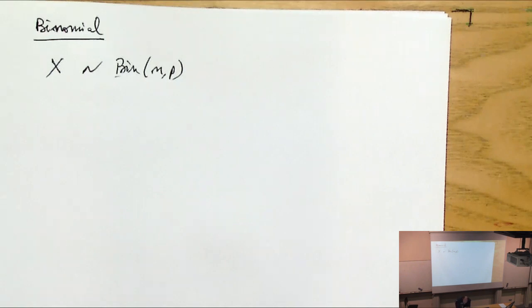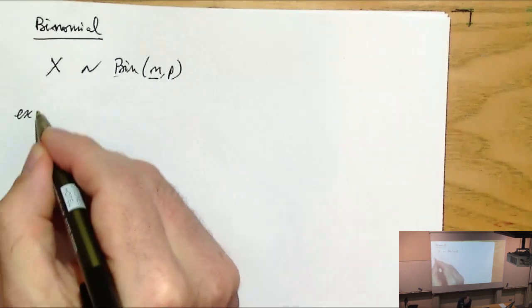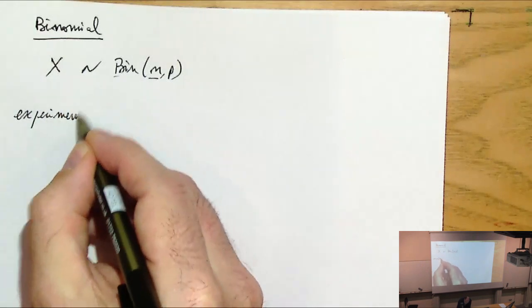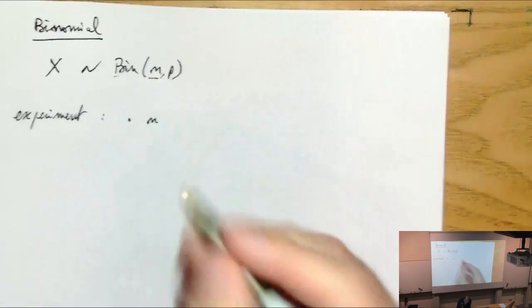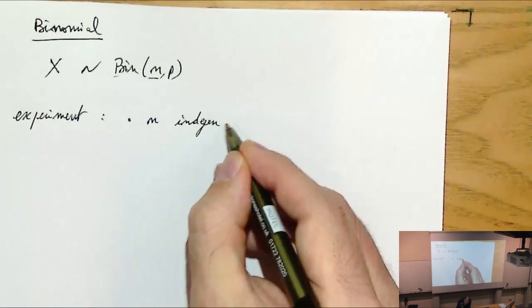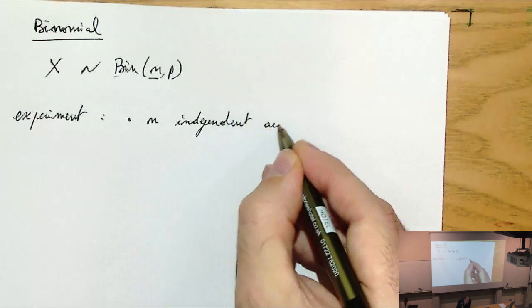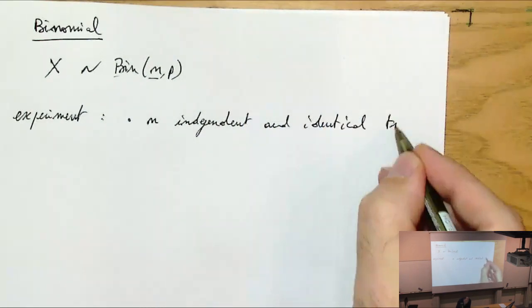So when does that happen? What kind of scenario are we looking at? We're looking at an experiment where I have a certain number of trials, given by n. So I have an experiment with n trials, but they're specific: n independent and identical trials.